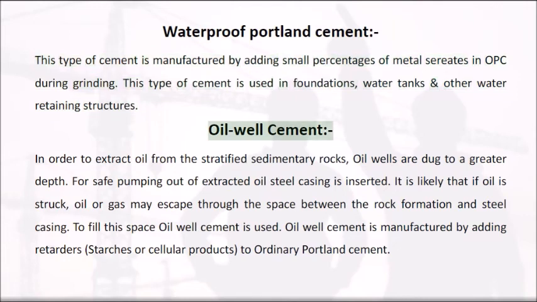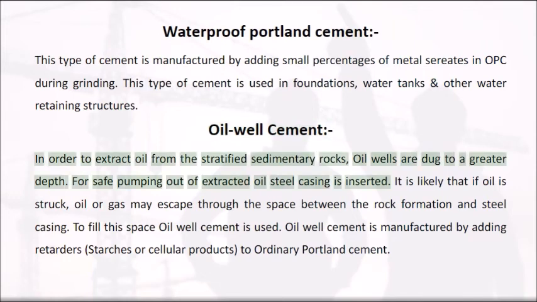Oil well cement. In order to extract oil from the stratified sedimentary rocks, oil wells are dug to a greater depth. For safe pumping out of extracted oil, steel casing is inserted.